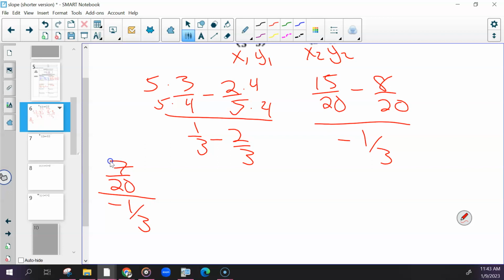And then at this point, you could either do this by hand or do it in your calculator. I'm going to show you how to do both. We don't like fractions within fractions. So to get rid of that, we're going to take this denominator, flip it, and multiply it to both pieces.